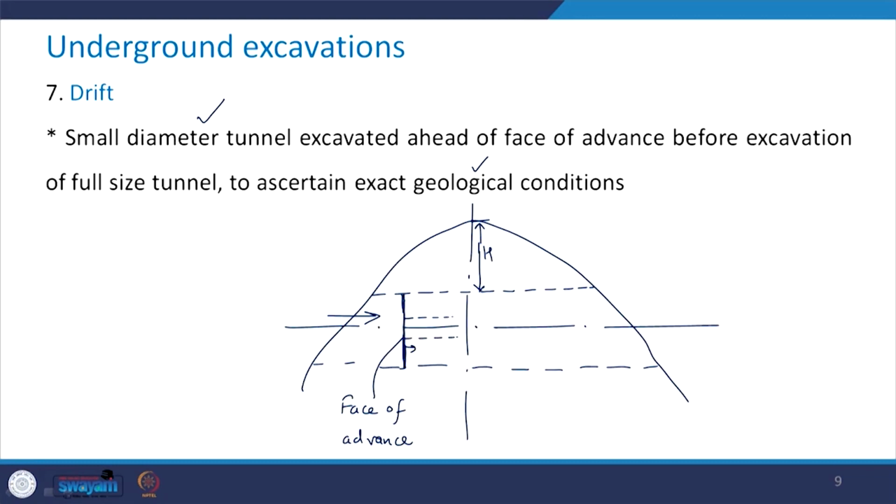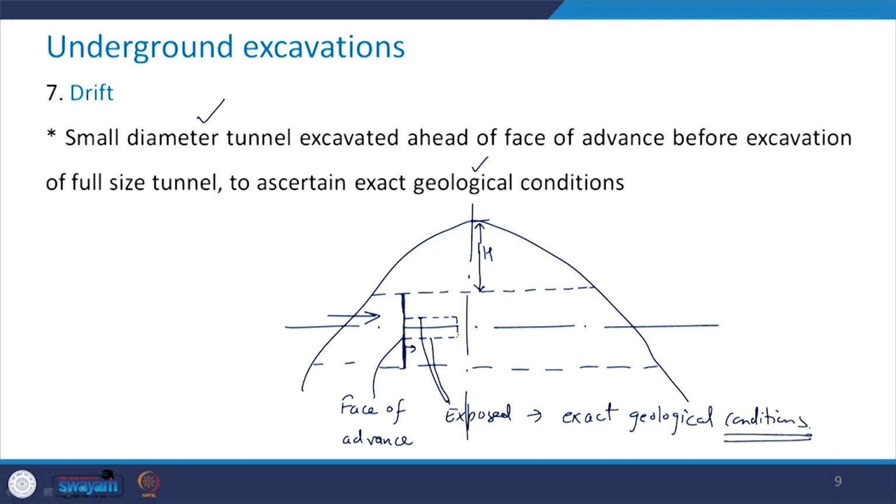So once we excavate this tunnel, these two surfaces are going to be exposed now. And since these are exposed, we can take a look at it and take field observations like what are the joint conditions, etc., in order to get the exact geological conditions.